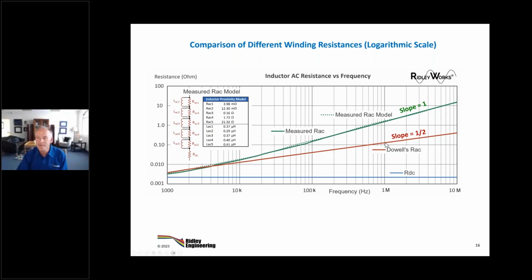How does this network work? Well, at DC, the inductors are all shorts, so you're left with the DC resistance, and at higher frequencies, you will start seeing these resistances in series. So you're going to get a frequency dependent resistance, and you can see that the dotted curve here is the match of the network to the actual measurements.